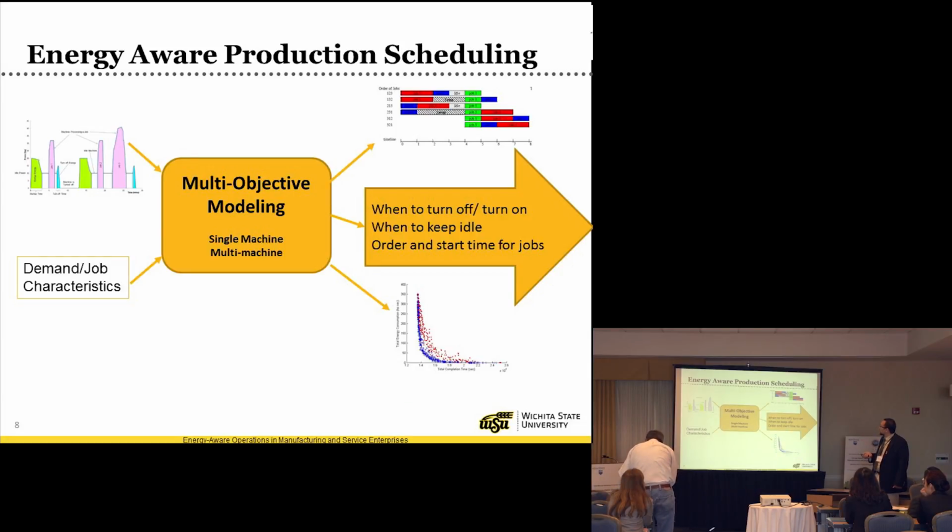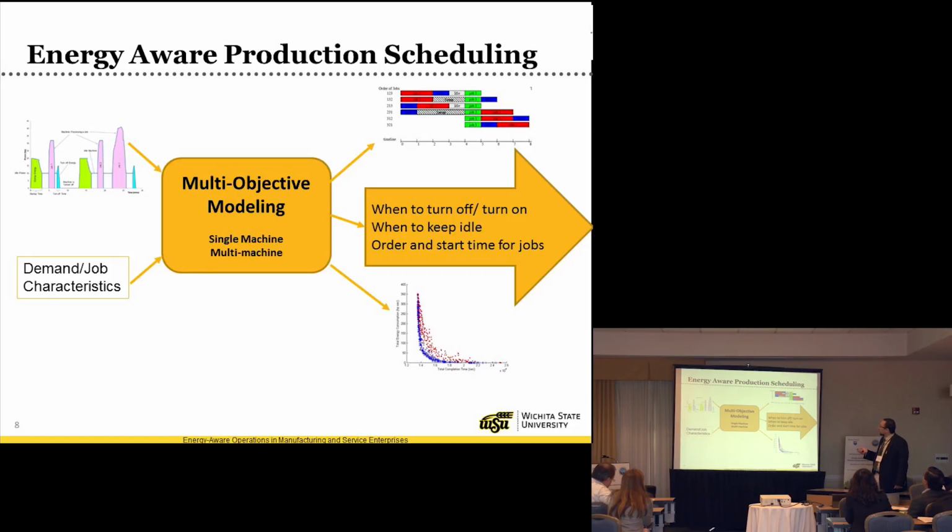In the first branch, as input you have energy profiles for different machines, and then some information about demand, job characteristics, and due dates.